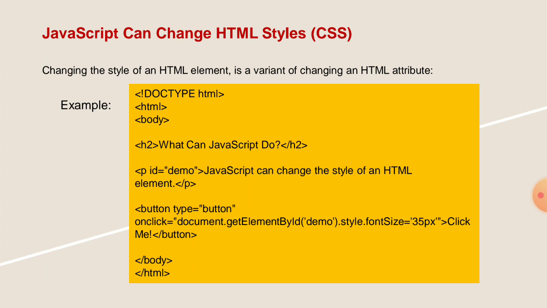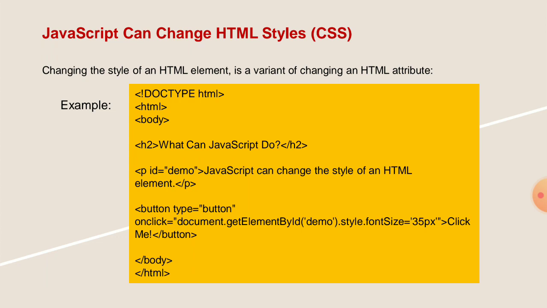JavaScript can change HTML CSS style. Changing the style of an HTML element is a variant of changing an HTML attribute. For example, we start the HTML and the body, then an h2 heading, then a paragraph describing that JavaScript can change the style of an HTML element.